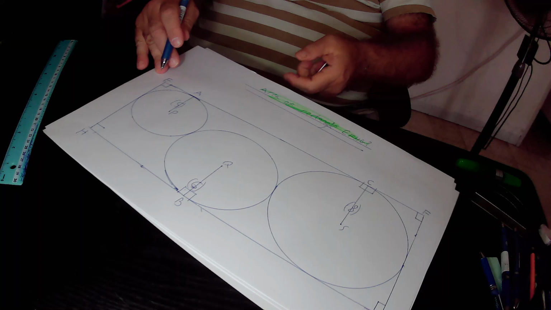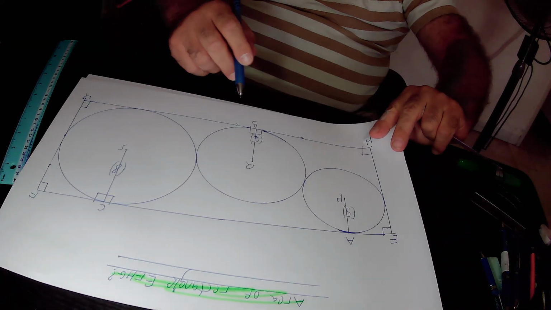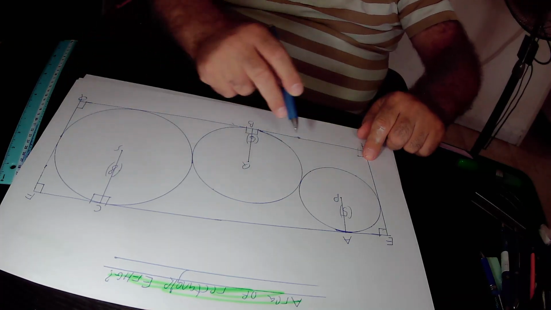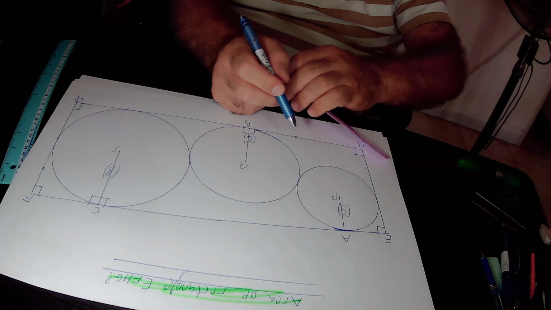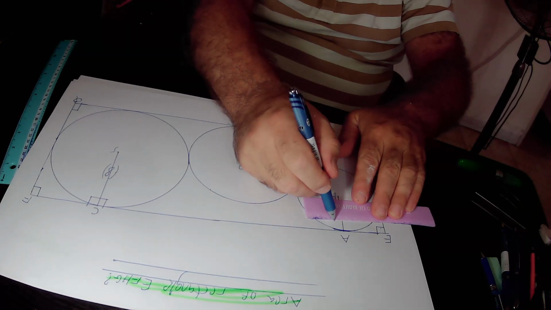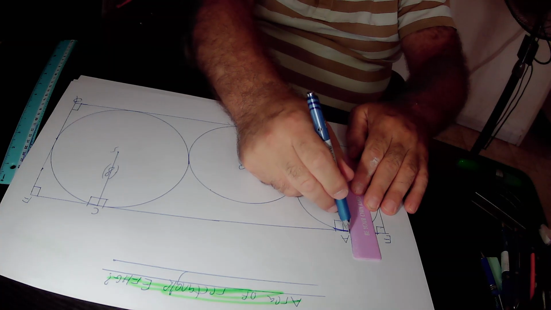Likewise, tangent EF is tangent to this small circle at point A, and therefore this angle equals 90 degrees, and this angle also equals 90 degrees according to the same rule, rule 1.